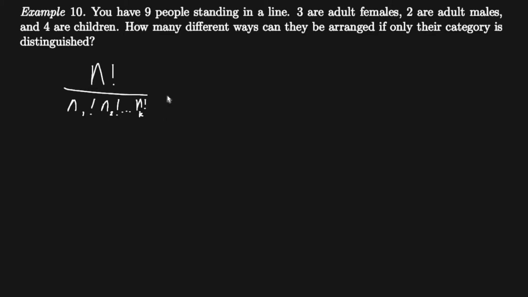So here we can say that the total amount of people we have is 9 people, followed by how many adult females? We have 3 factorial times 2 factorial, which is the 2 adult males, times the 4 children, 4 factorial.